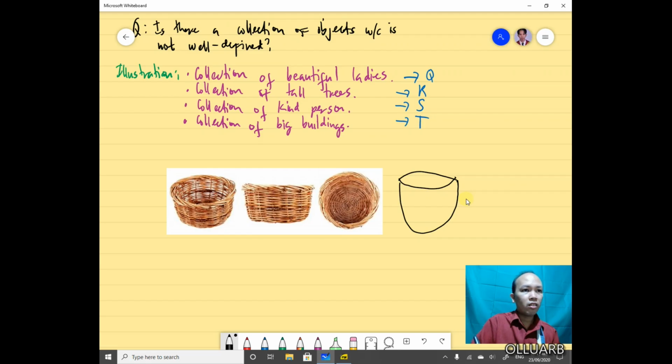Suppose we have a basket here, so we will denote this one as Q, R, S, and T.